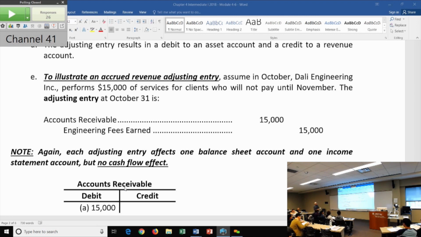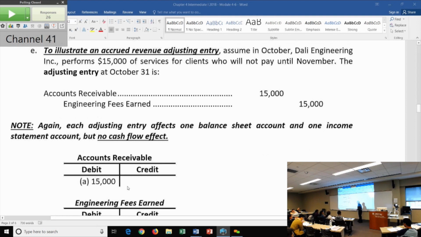Here, you debit accounts receivable and credit engineering fees earned. Again, one balance sheet, one income statement, no cash flow. These are much easier, I think, than deferrals because you don't have to worry about prorating them. So you would debit accounts receivable, except for interest, of course, and you credit the engineering fees earned.